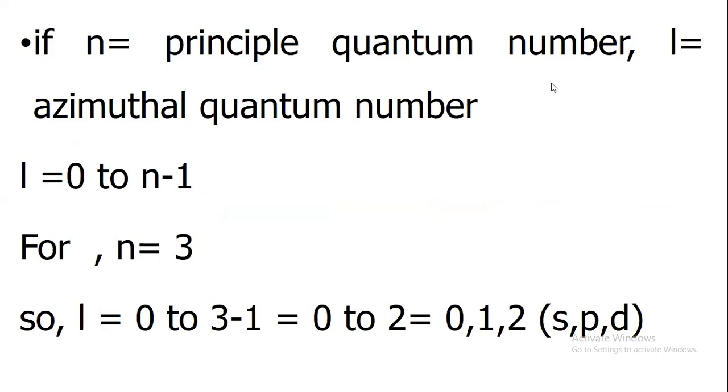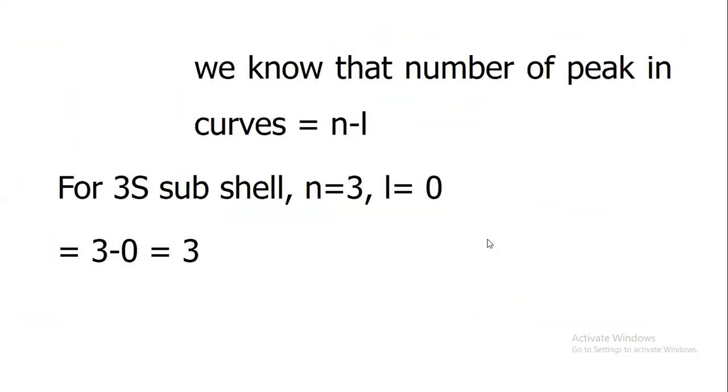If n is the principal quantum number and L is the azimuthal quantum number, L equals 0 to n minus 1. For n equal to 3, L equals 0 to 3 minus 1, that is 0 to 2: 0, 1, 2 for s, p, d.